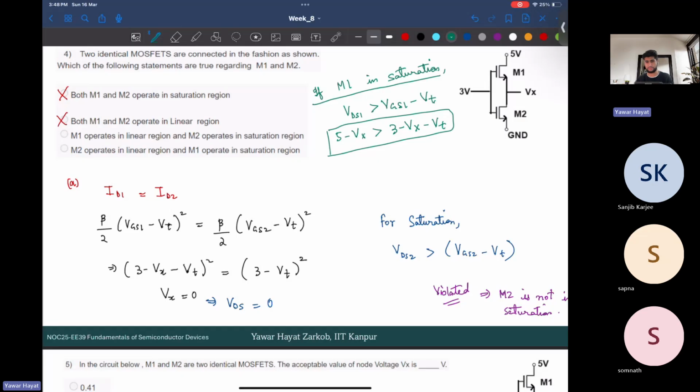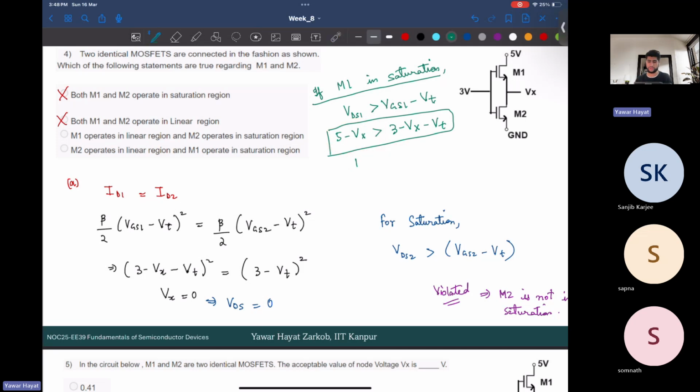It would, right? See, 5 minus Vx was already greater than 3 minus Vx. And then I'm again subtracting Vt from it, so that would further lower it down. So this quantity would be less than this. So in other words, this holds good.